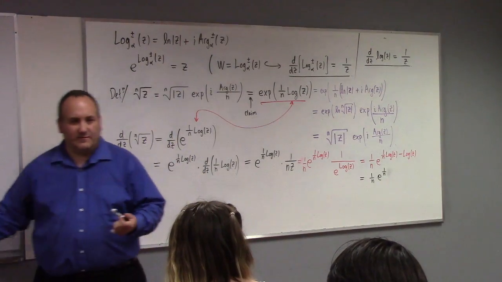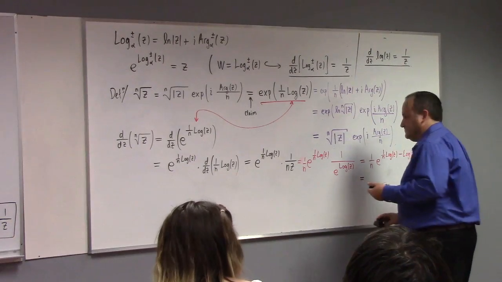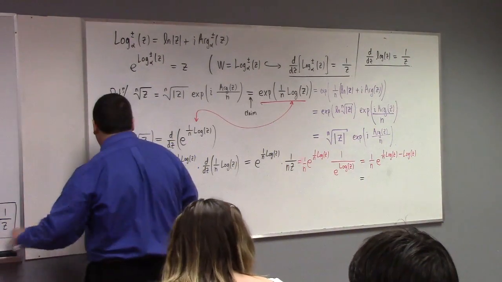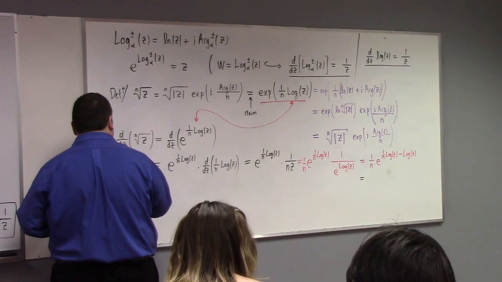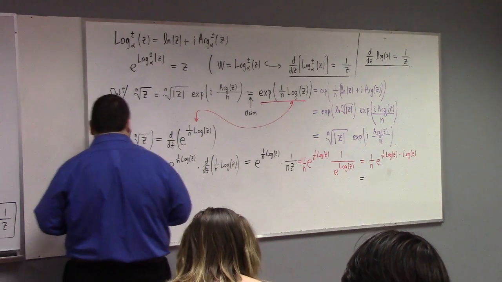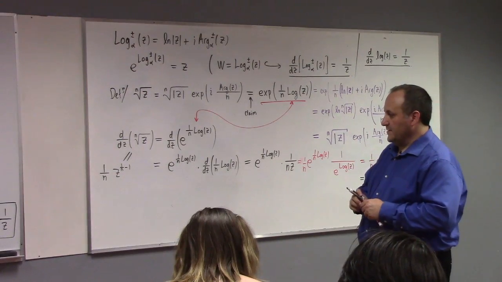What do you want the derivative of the 1 over nth power to be? We should expect, like calculus 1, that this is 1 over n, and then z to the 1 over n minus 1 power, whatever that is. What would 1 over n minus 1 be?